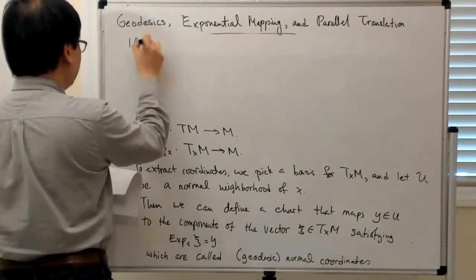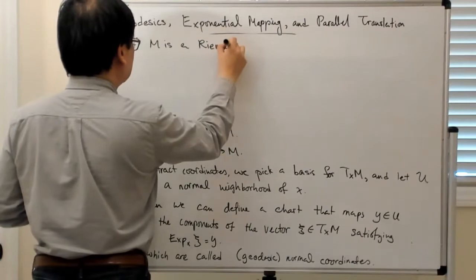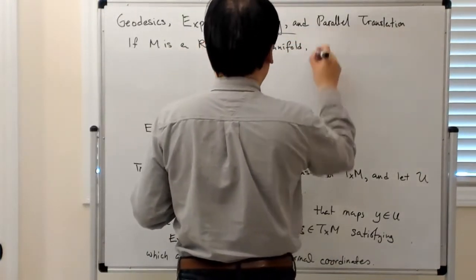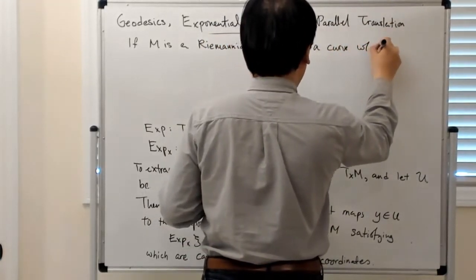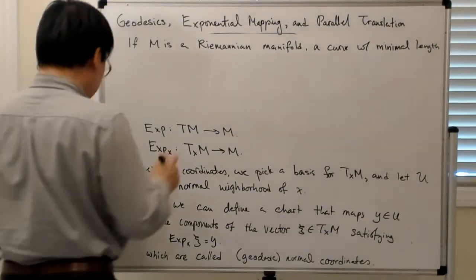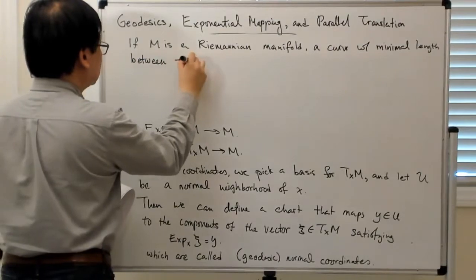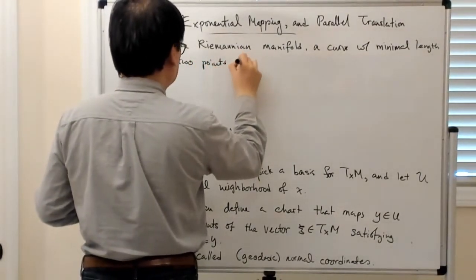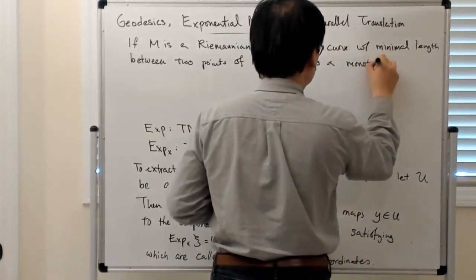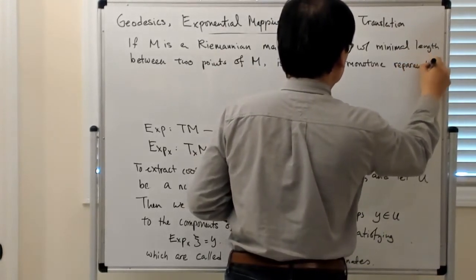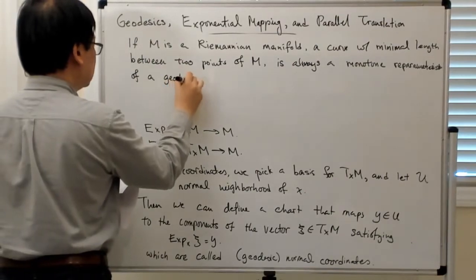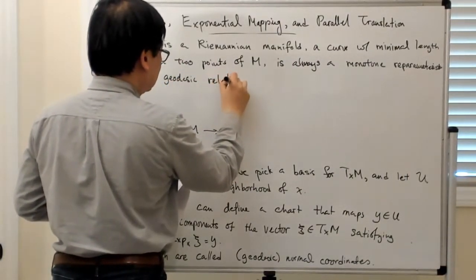So if M is a Riemannian manifold, a curve with minimal length, which you can measure using the Riemannian metric, between two points of M is always a monotone reparametrization of a geodesic relative to the Riemannian connection.